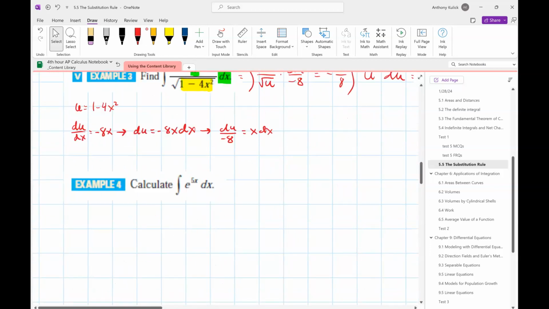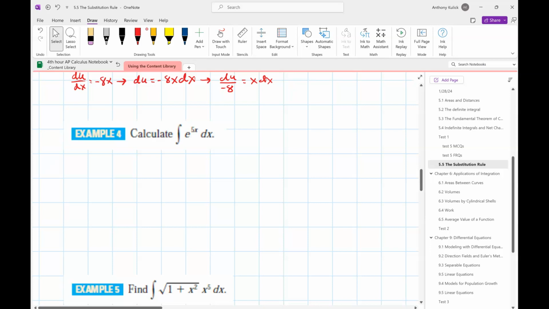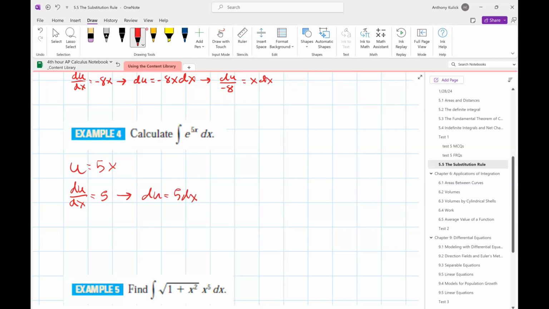All right. Let's try another: e to the 5x dx. 5x seems like the natural choice for u. So du should be 5 dx. I don't have a 5 dx, I just have a dx, so we'll divide both sides by 5.